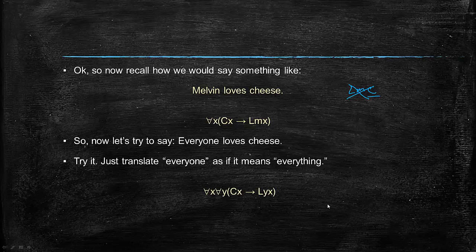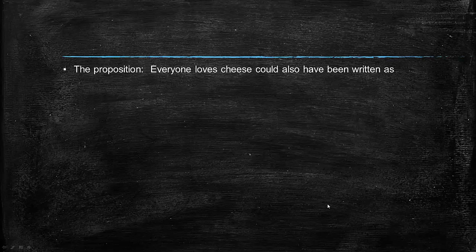Okay, so we've just inserted a quantifier and another variable in the place of Melvin. So everyone loves cheese could also have been written in this way, and this is actually a little bit more intuitive. For all x, if x is cheese, then for all y, y loves x.